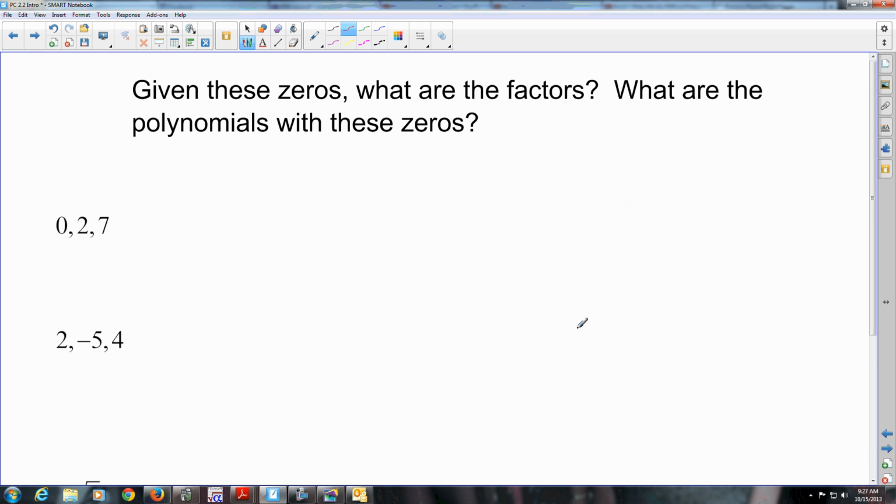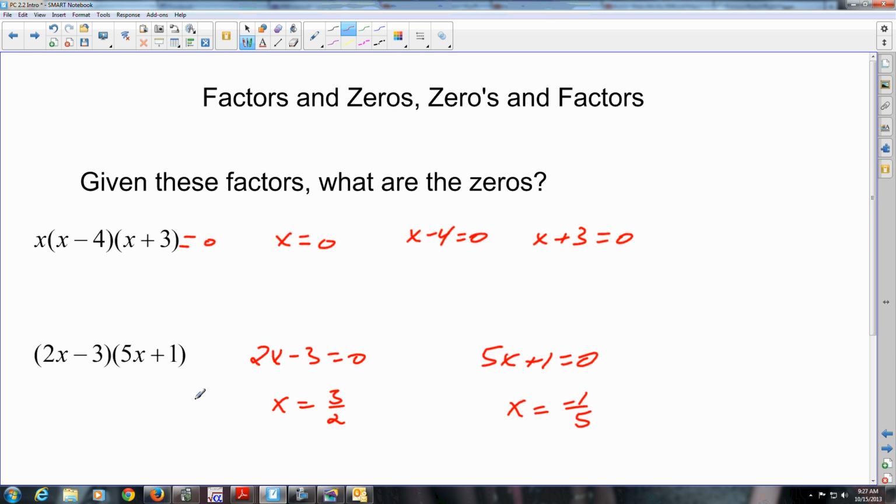Now, if I give you the zeros and ask for the factors, let's just back up. Notice here, your answer is 3 halves. And this is what it came from.